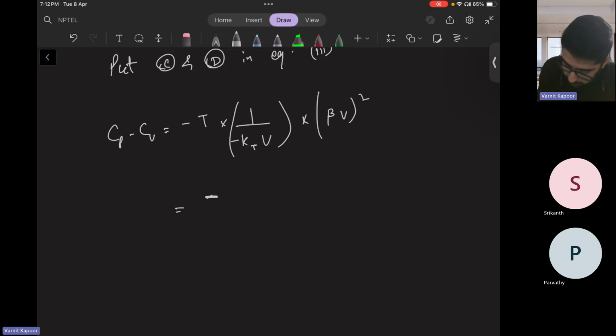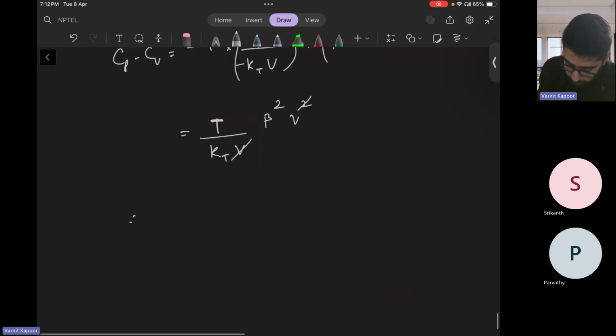So let's write it as T by Kt into V into beta square V square. So this V and V cancel out. Therefore, your final relation Cp minus Cv is nothing but T V beta square by Kt.